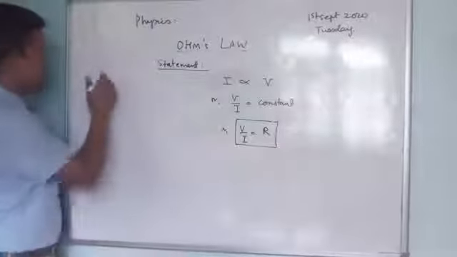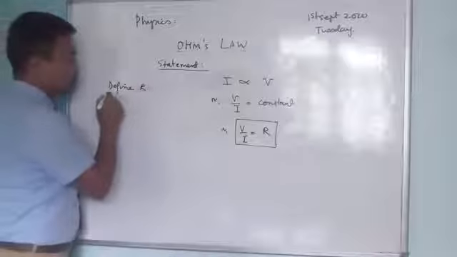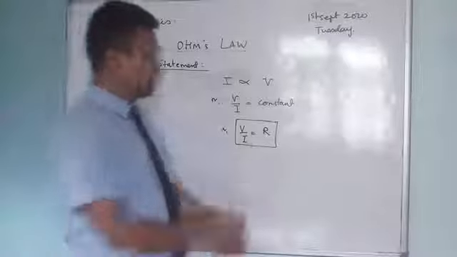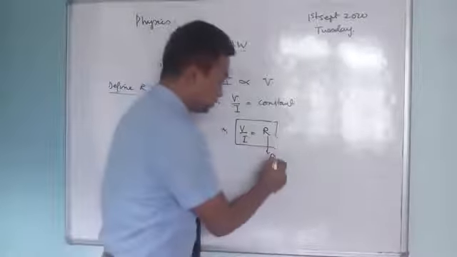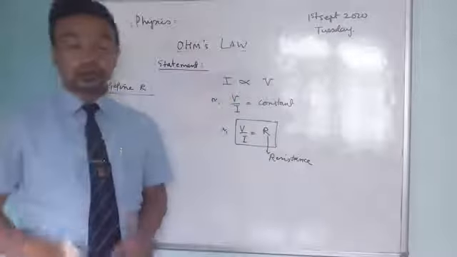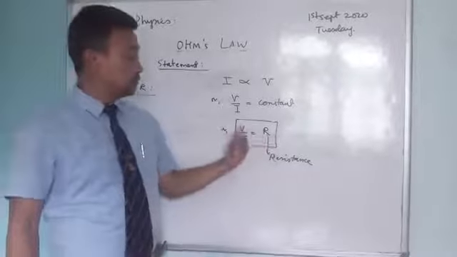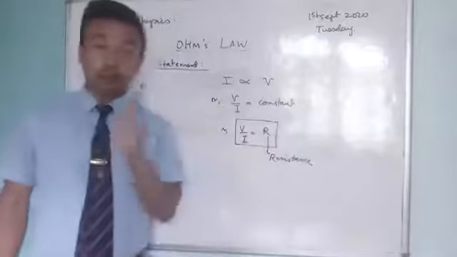So how can we define resistance? Resistance is given by the symbol R, and the formula of resistance is V upon I, where V is the potential difference applied across the ends of the conductor and I is the current flowing through the conductor.